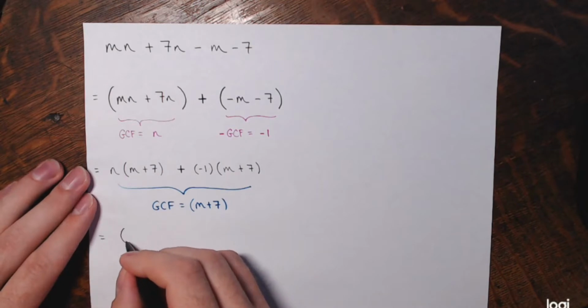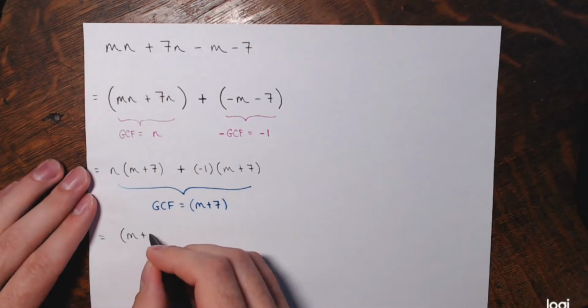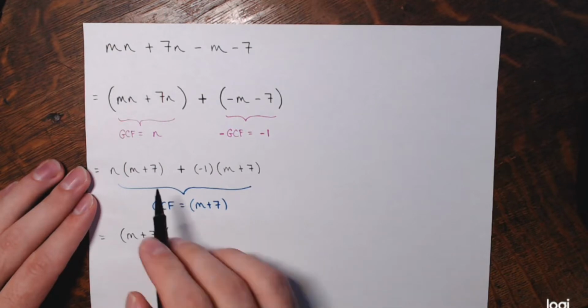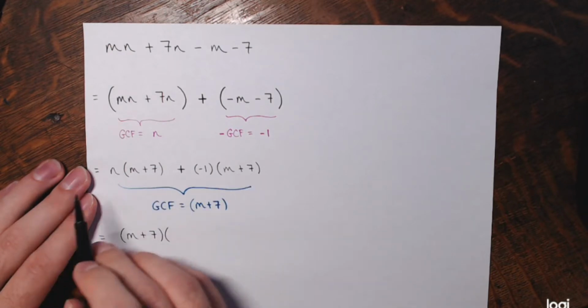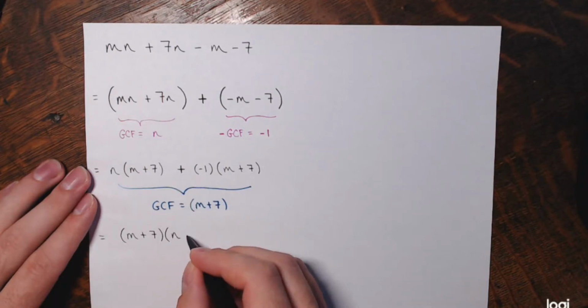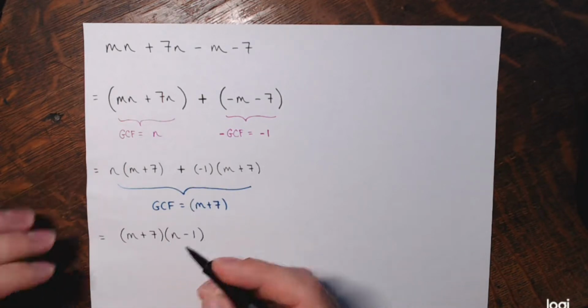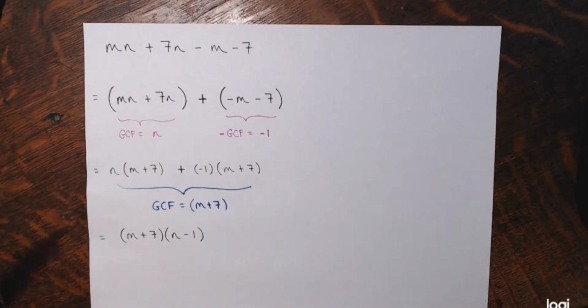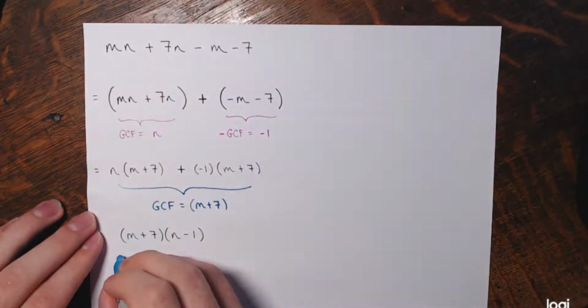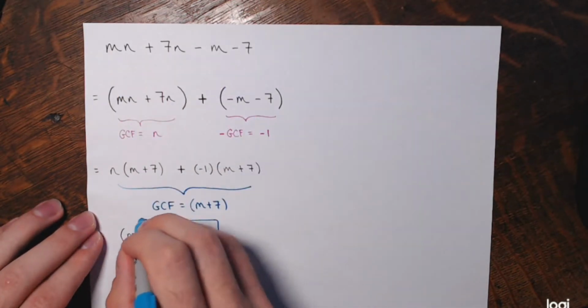Then we have the greatest common factor, m plus 7, and the remaining factor, when I remove the factor of m plus 7, would be n plus negative 1, which can be written as n minus 1. And that is a product. There is no plus sign between these. It's not a sum. It's the original expression written as a multiplication problem.